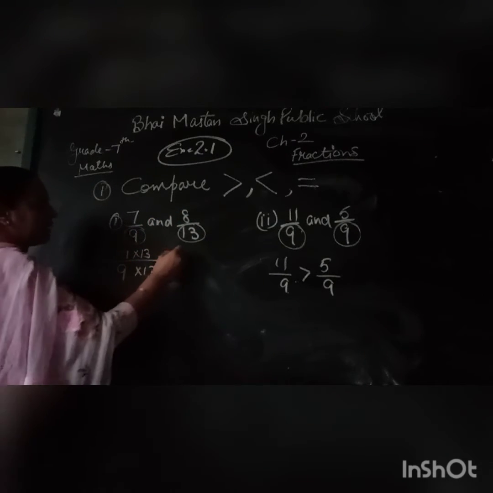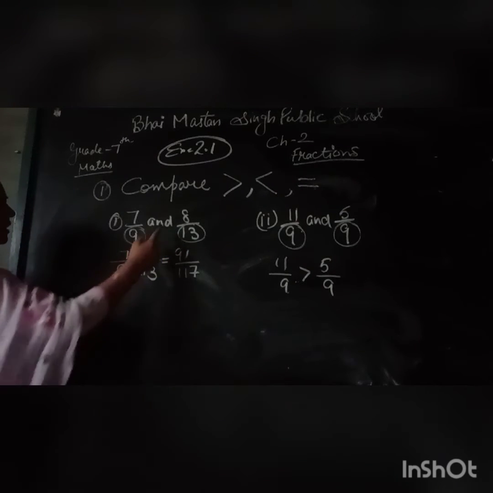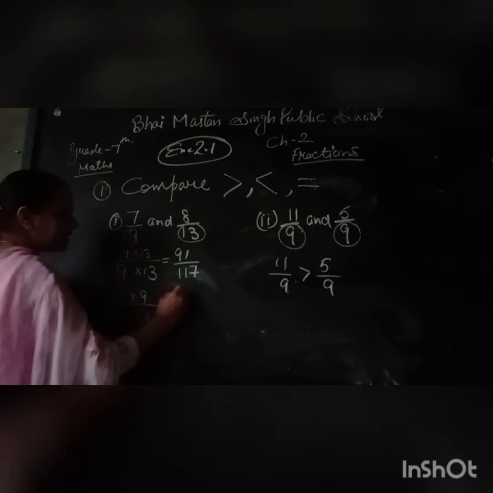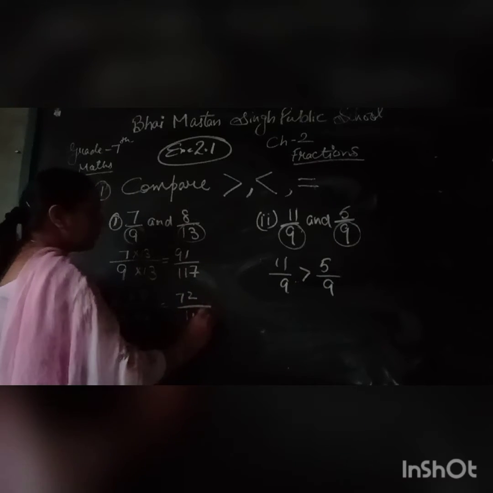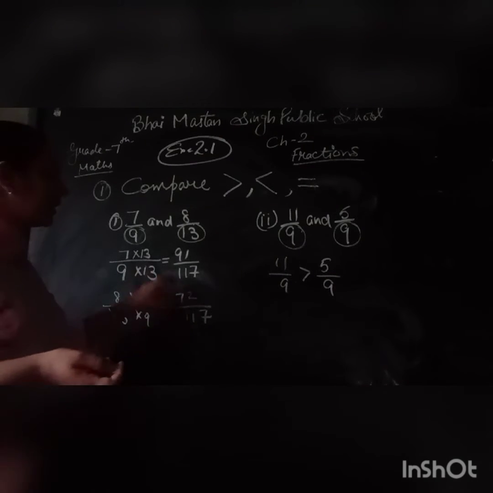So 13 times 7 is 91 and 117. Next 8/13, I will multiply by 9. 8 nines are 72 and 117. So now the denominator is the same, so they are like terms.